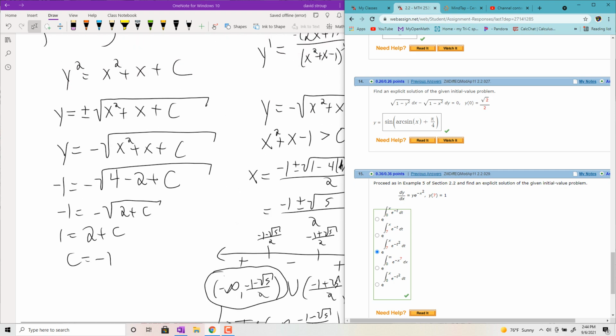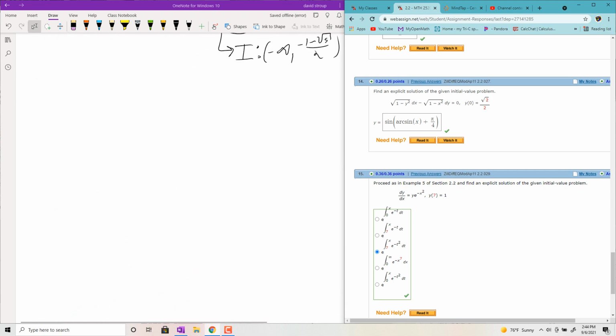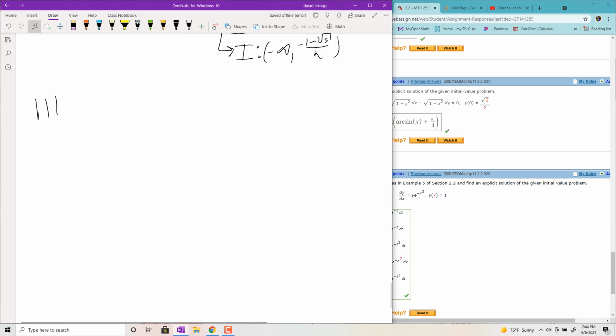The last thing we need to worry about is what happens when I can't integrate. So section 3, basically you'll have a solution defined by an integral.